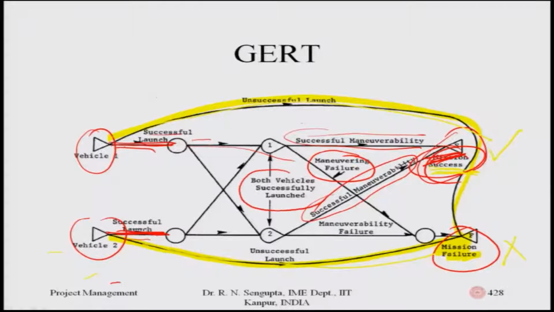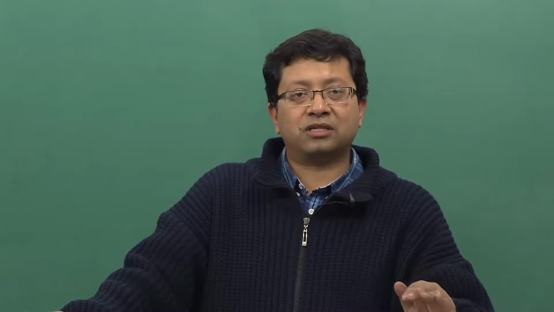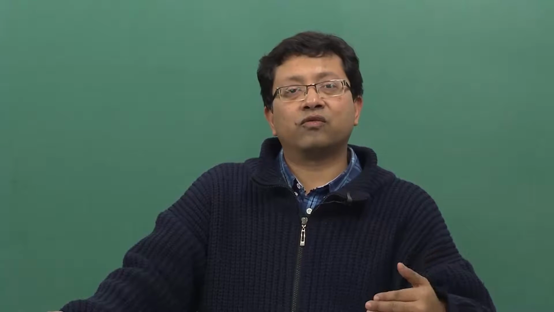So, if both the vehicles are successfully launched, then what you will have is a combination which will lead to the case that any one of them being successful would lead to the end of the project, which means that if you go back to the earlier slide of the AND or exclusive or inclusive OR concepts, they would be brought into the picture such that it gives you a very good idea of how the overall project can be drawn.